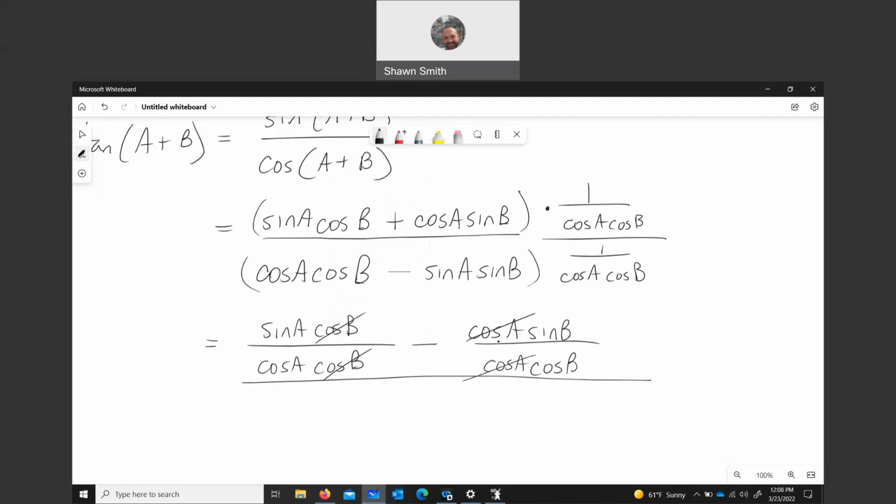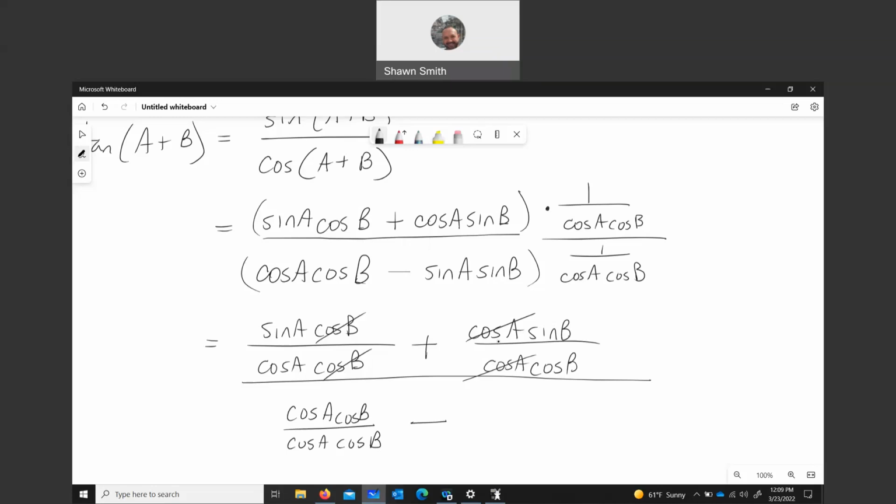All right, denominator. Cosine A, cosine B, all over cosine A, cosine B. Minus, this is a plus 2 right there, messed up. The numerator is this plus that, denominator is this minus that.